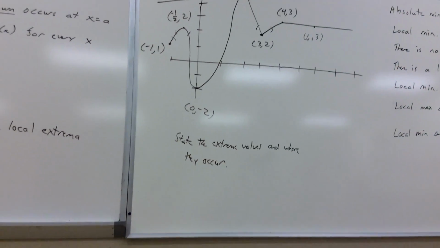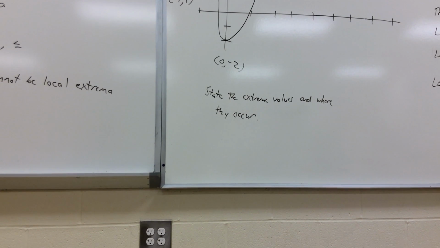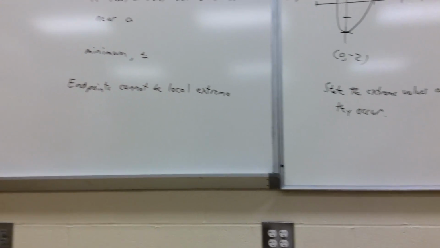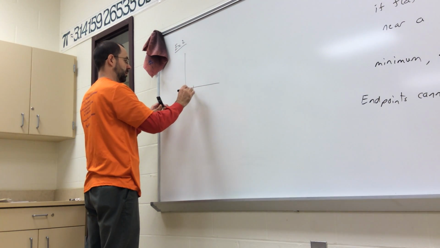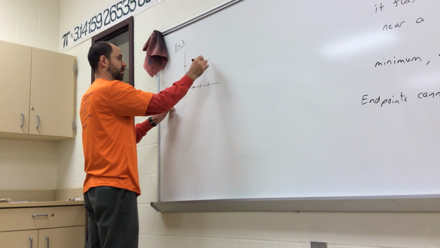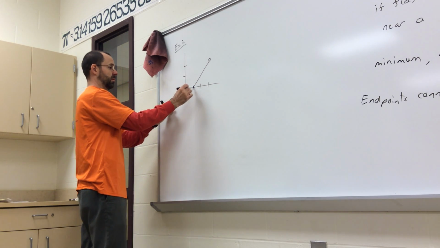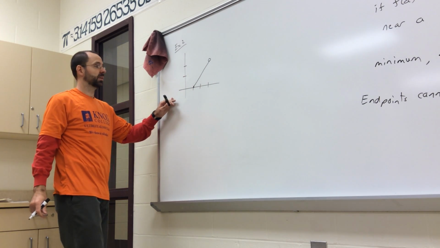Okay, let's look at one more graph. So this would be example 2. This one's going to be a lot simpler than the other one. So this is 1, 0, and then there's a hole at 3, 2.